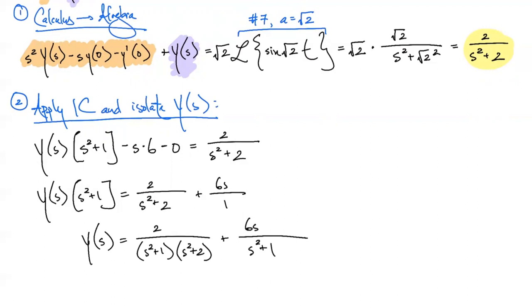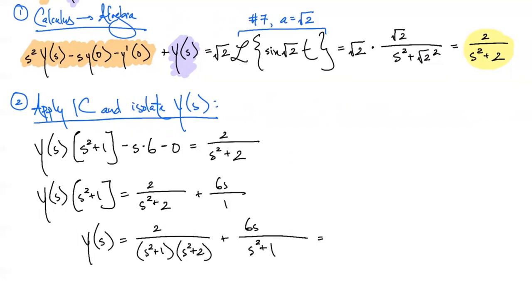Now this would be all fine and good, right? There's nothing wrong. If this were the end of the road, yeah, leave it like that. But we still need to turn everything back into t land. And so it might behoove us to go ahead and combine this into a single fraction right now, right?